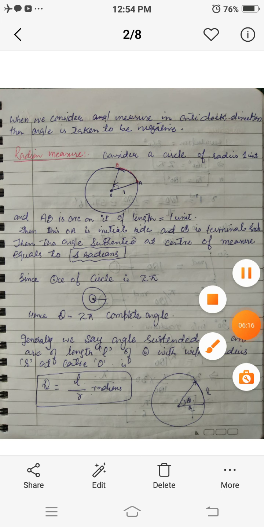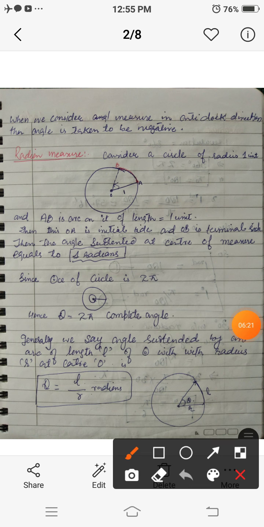Now the second one is the radian measure. What is radian measure? If we consider a circle of radius equal to 1 unit, meaning a circle whose radius is 1 centimeter, 1 meter, or 1 mm, let us consider an arc AB whose length is equal to the radius.